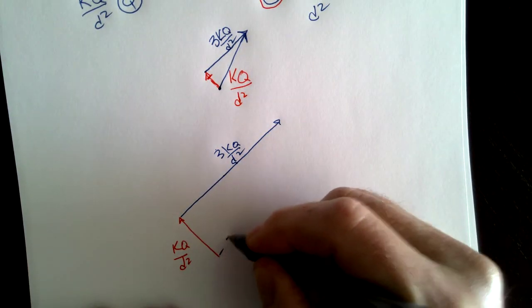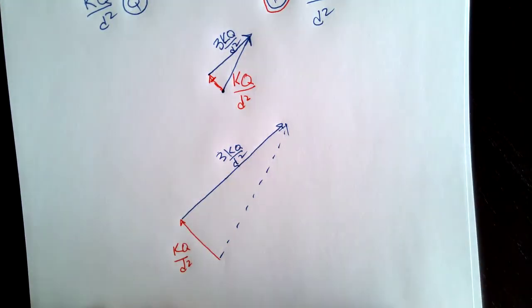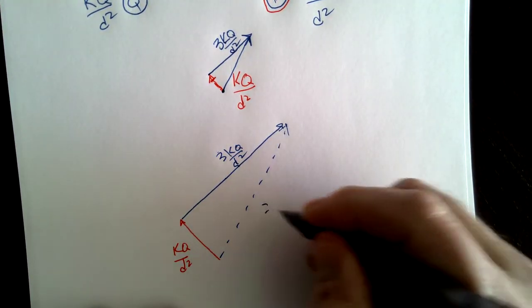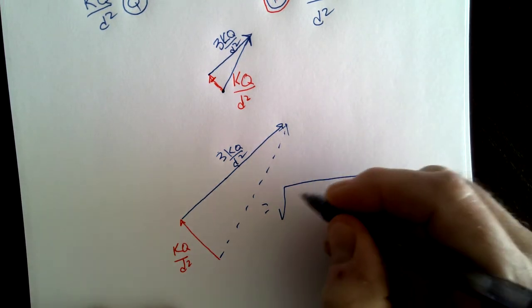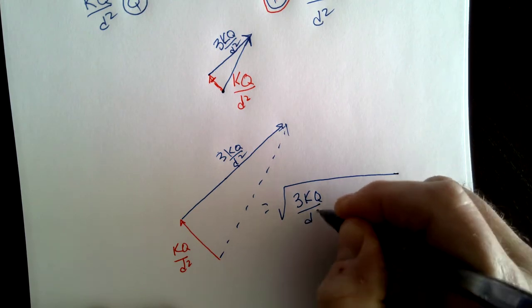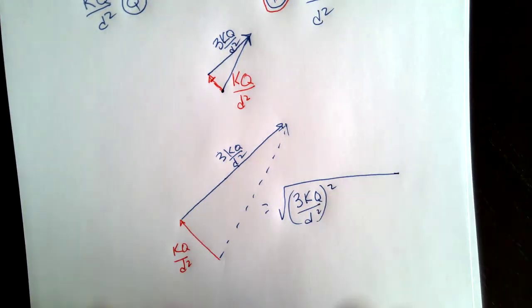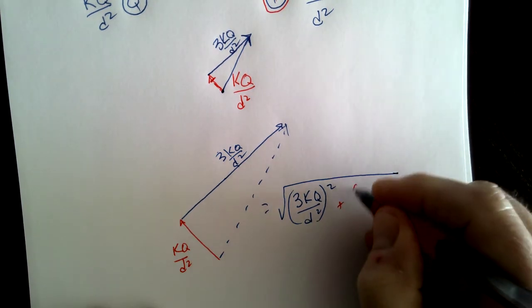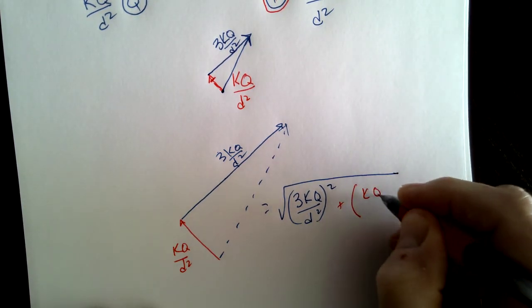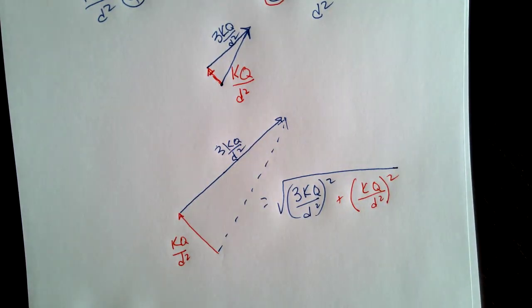You want to find the resultant, or the hypotenuse. Got to use a little Pythagorean theorem to find that. So this side would equal the square root of 3kQ over d squared, all squared, plus kQ over d squared, all squared.